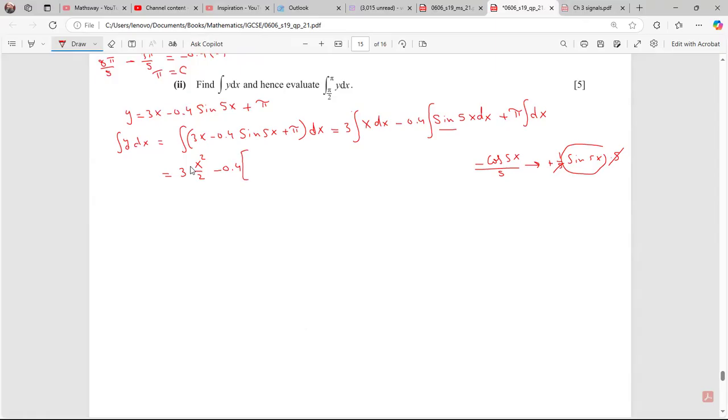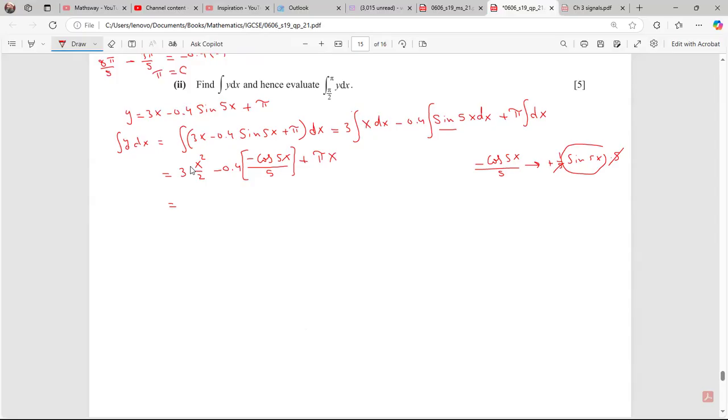So the integral of this thing is minus cos 5x over 5 and plus this is pi x. Let me simplify it a little bit.